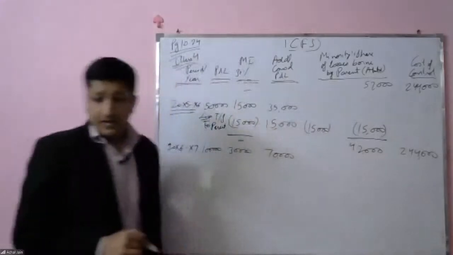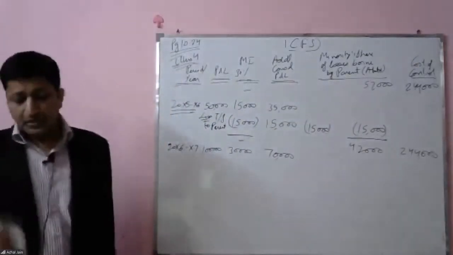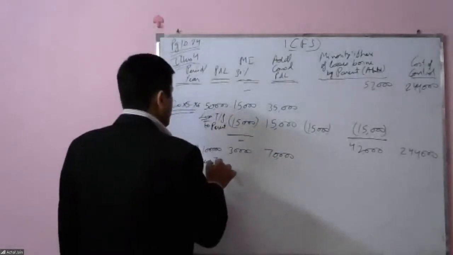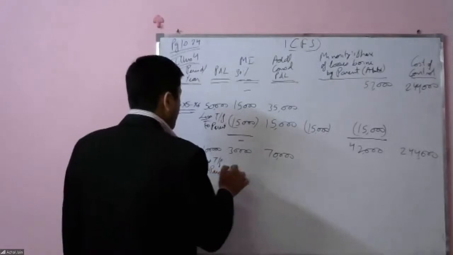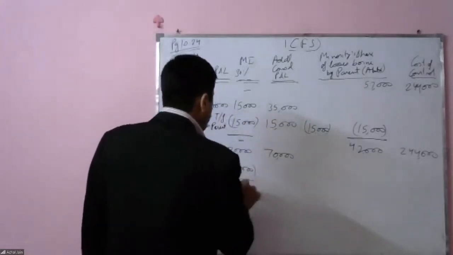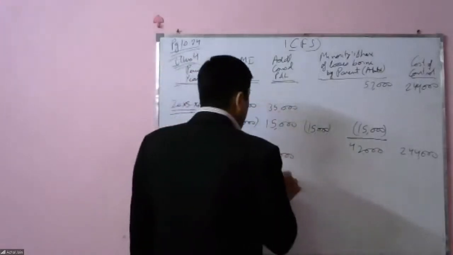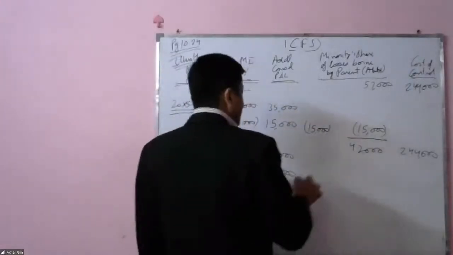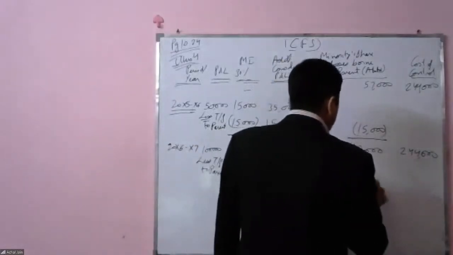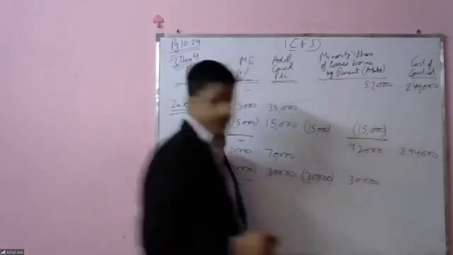And same way, this profit of 30,000 will also get transferred to majority. Less transfer to parent. 30,000 goes away, it becomes nil. 30,000 goes over here. 30,000 comes over here. And this 30,000 also comes over here.